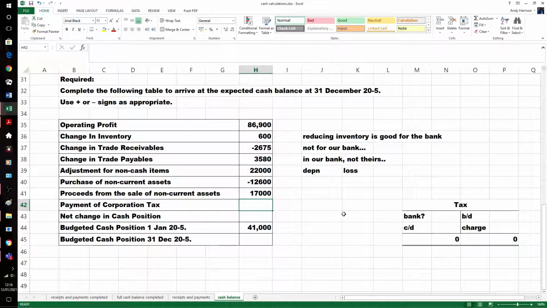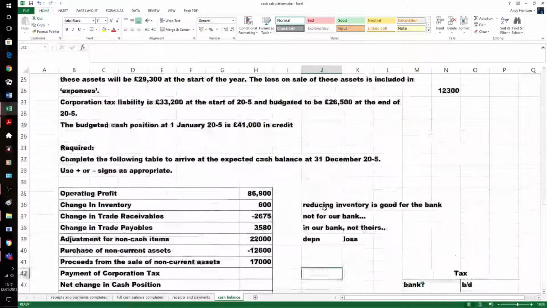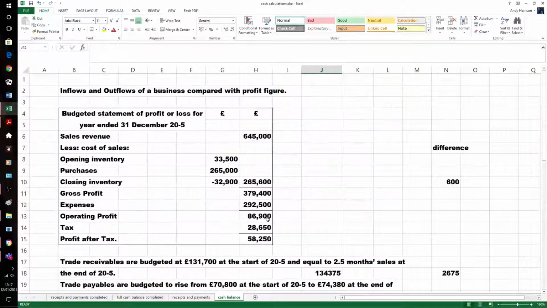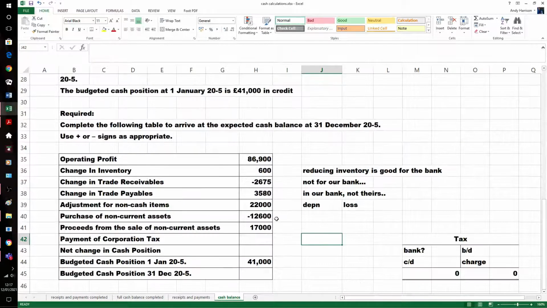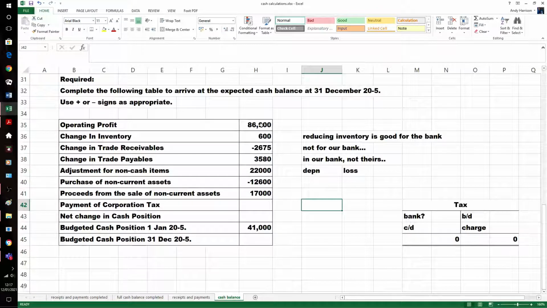Now the corporation tax, this one usually causes a little bit more problems. It's just getting it the right way around, and it'll always be a minus symbol because it's always a payment, and of course our tax is below our operating profit and the table starts at operating profit. So we know it's going to be a minus, but how much is it?